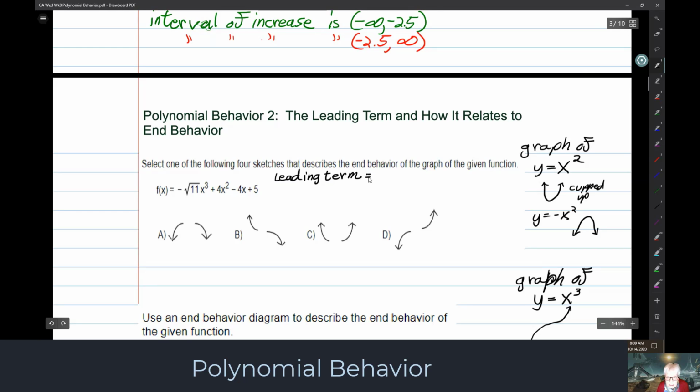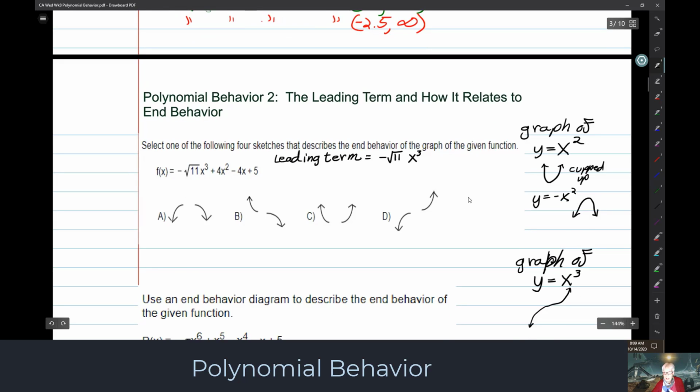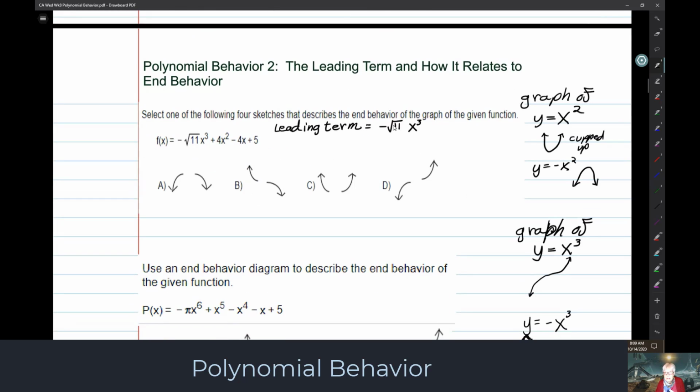In this case, right here, the leading term is negative the square root of 11, x to the third. On the ends, out at negative infinity and out at positive infinity.